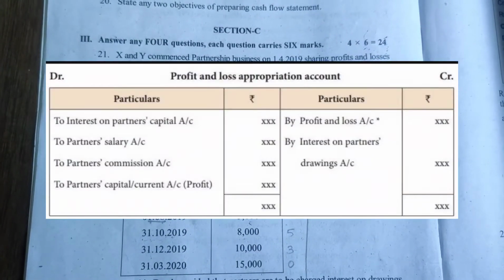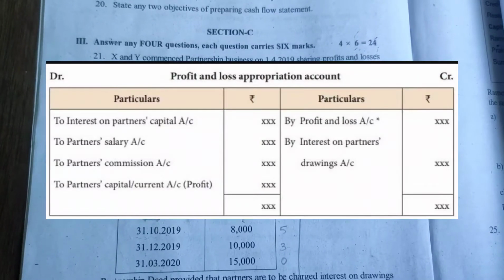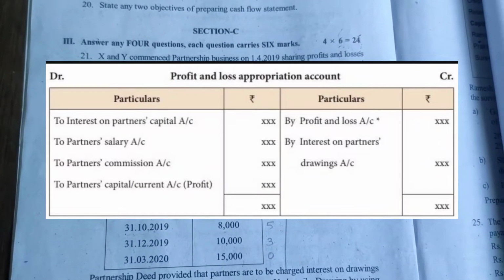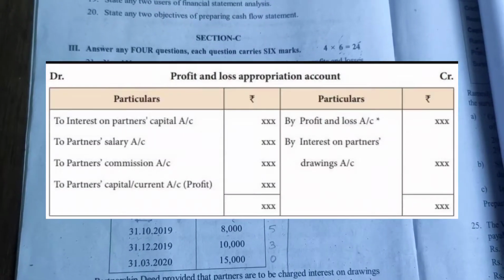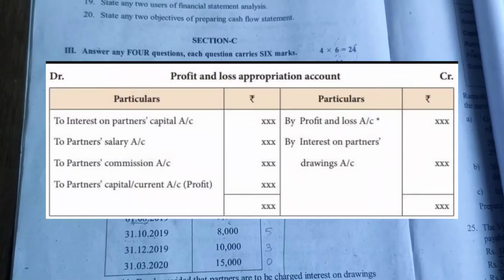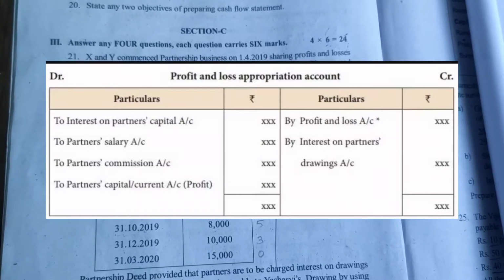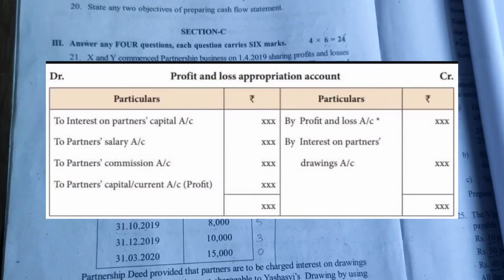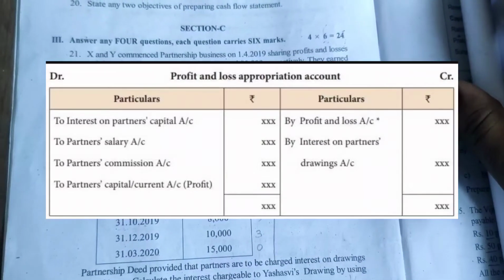First of all you should know the format. So here I am going to give the format. You have to see it from the perspective of the firm. For the firm, interest on drawing is an income, so it will come on the credit side. Similarly, interest on capital is an expenditure for the firm, so it will come on the debit side.